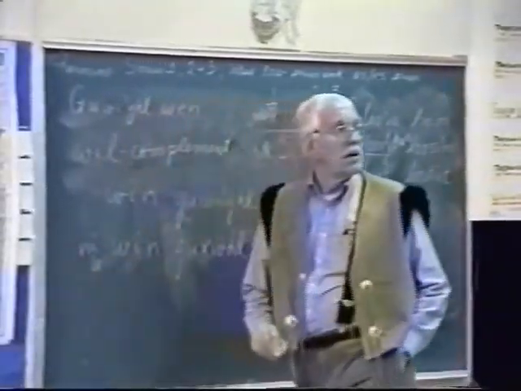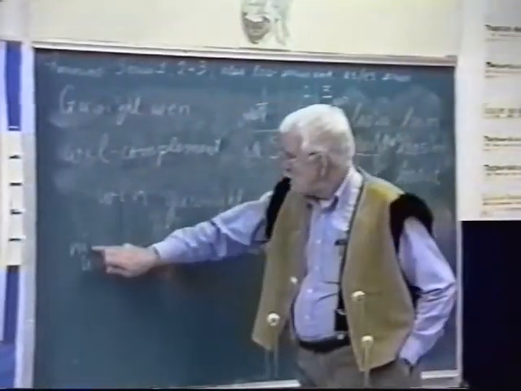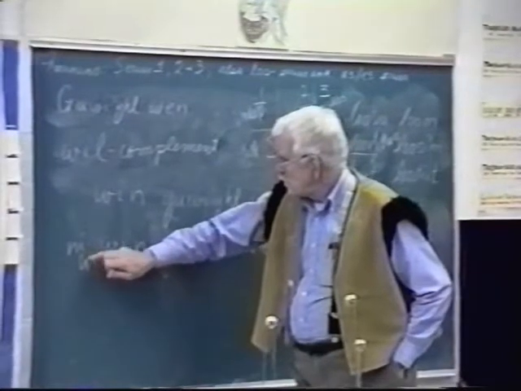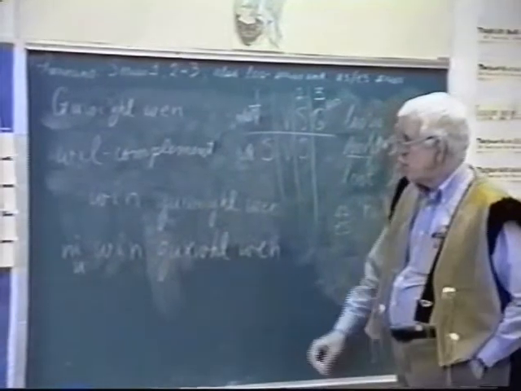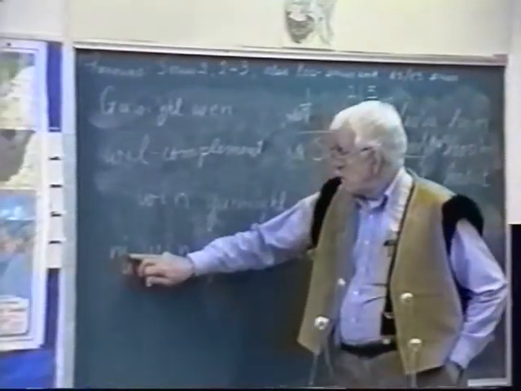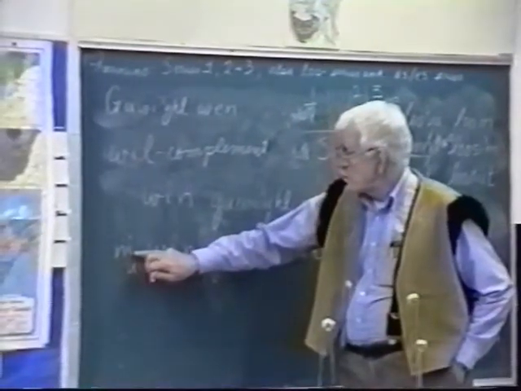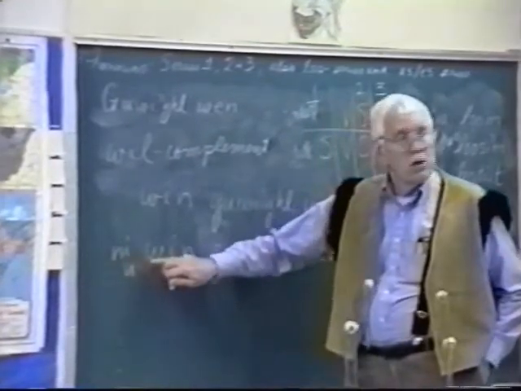Well, that's the same point that I was making there, that in normal rapid speech, that ni would change to a u before a w, because the w is made with the lips, so instead of ni win, nuin.